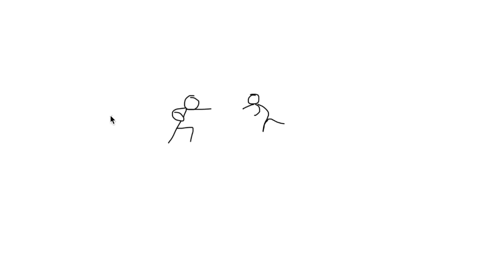And let's say they're both 50 kilograms, both coming in at 10 meters per second. So they both have momentum of 500 kilograms times meters per second. This guy's also coming in with 500 kilograms times meters per second.